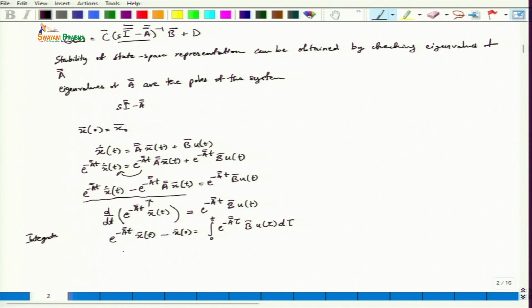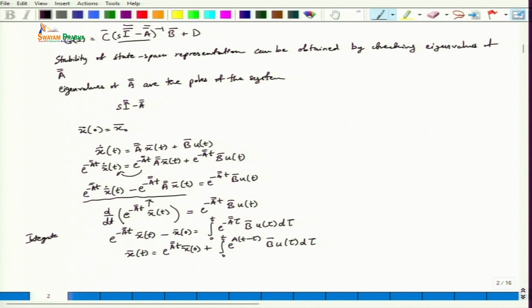So then we can express this as x of t equal to, so we throughout multiply by e to the power positive At, to get e to the power At times the initial state plus this integral. So when it is multiplied by e to the power At, we get e to the power A(t minus tau) B u(tau) d tau.